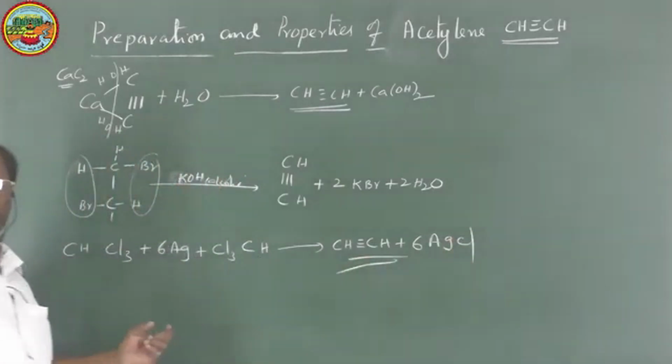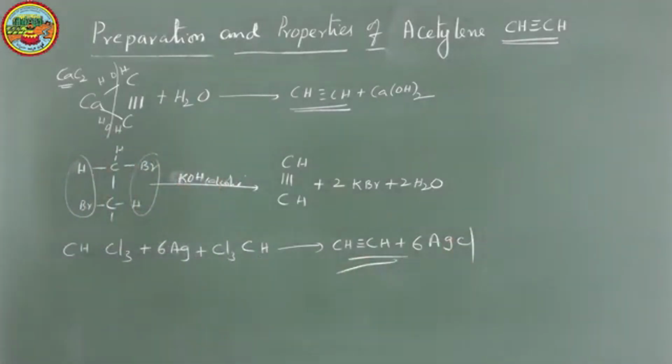This is just like a Wurtz reaction. If we heat chloroform with silver dust, we will get acetylene. These are the important methods of preparation of acetylene.